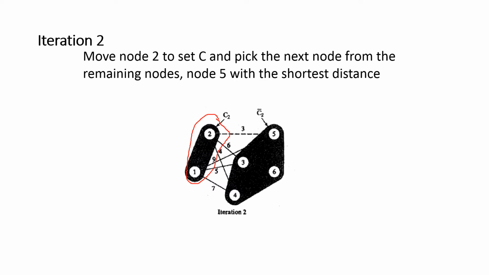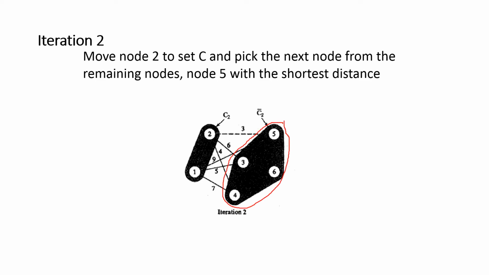Now, here's something to be careful about in the algorithm. The next step is I need to select the node with the smallest distance to any other node in this C2 bar island. So it could be from node 1 or it could be from node 2, and that's why it's not showing the connections within C bar 2.